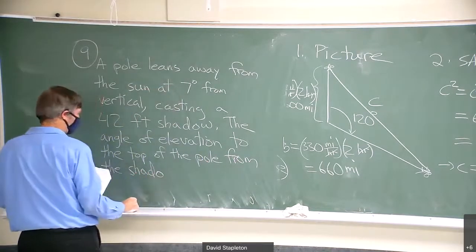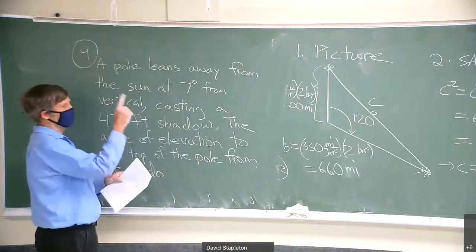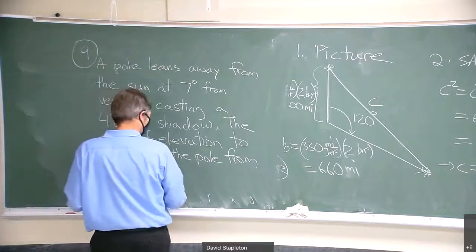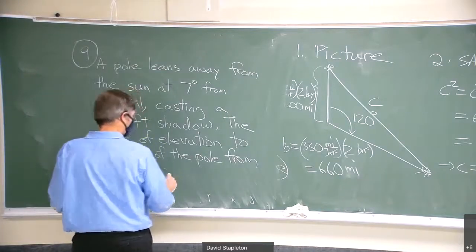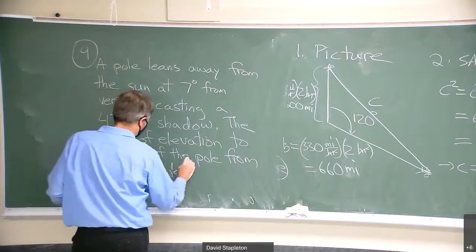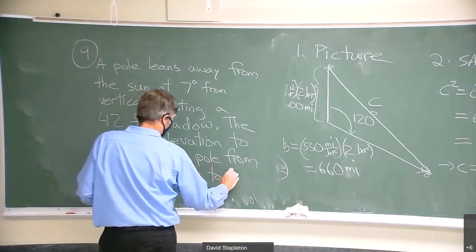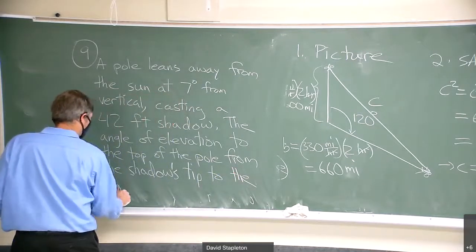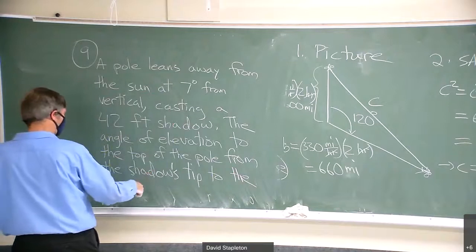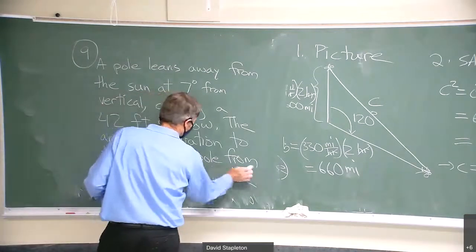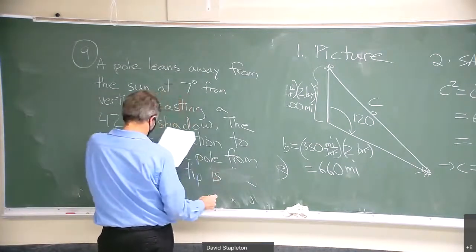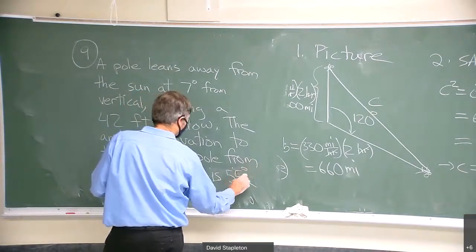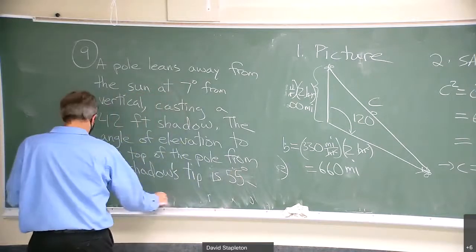You've got your handy dandy sailor's sextant here, or maybe it's a cheap protractor, and you measure it from the shadow's tip to the tip top of the pole. Sorry, from the shadow's tip to the top of the pole, is, apparently, 55 degrees. How long is the pole?